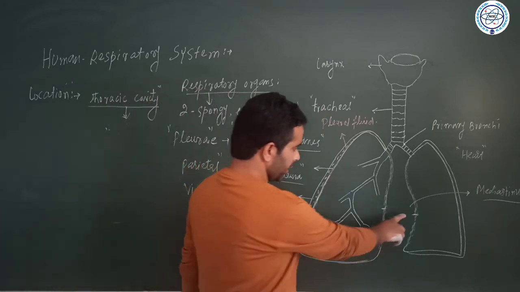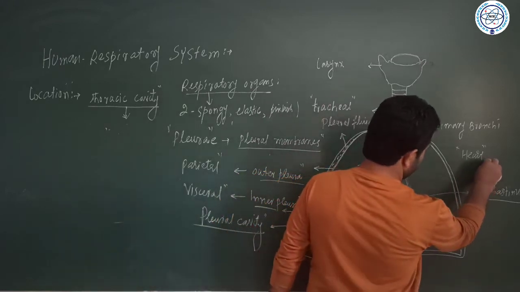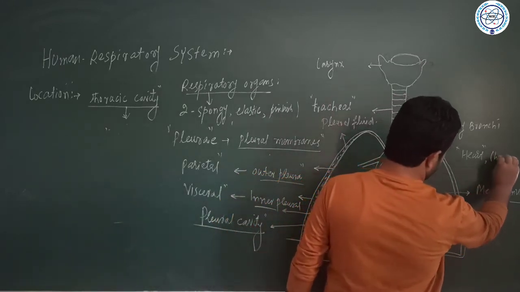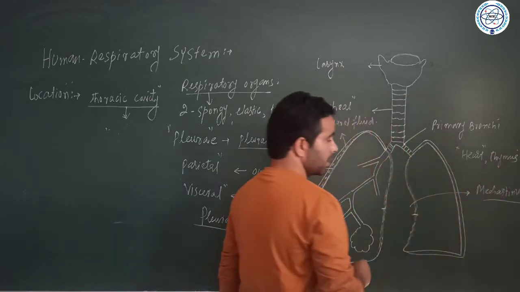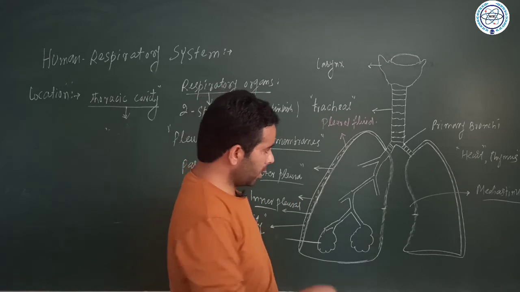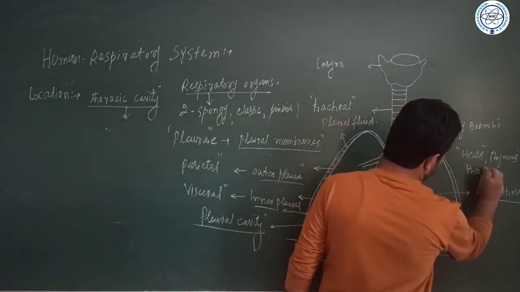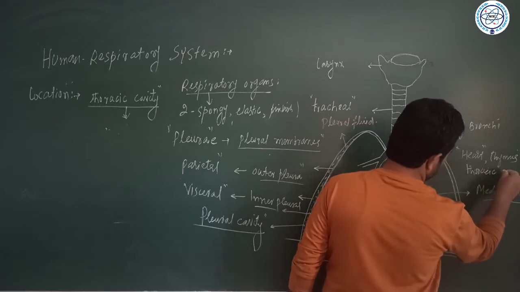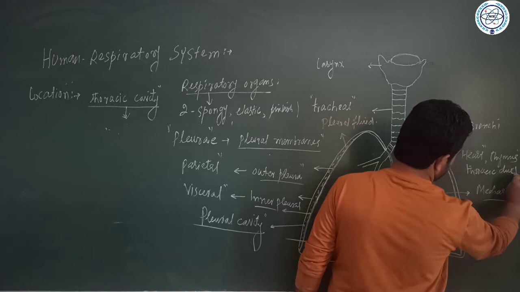There is one more thing: the thymus gland is also accommodated in the same area. And the thoracic duct, the lymphatic duct, is also present in the same space, right.